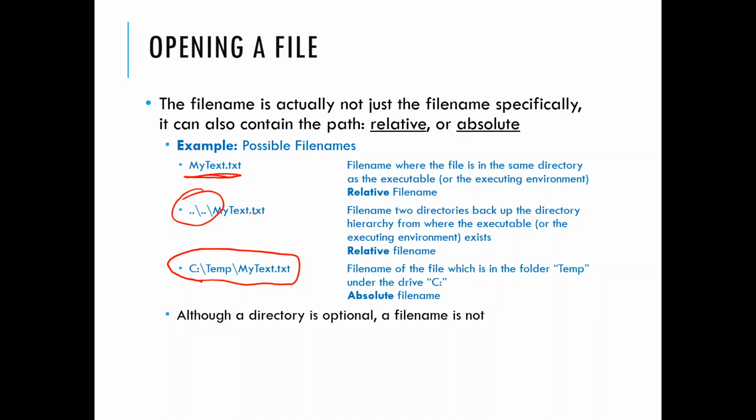For the most part, we're not going to be dealing with either of those. I'm going to put my text.txt smack dab in where all my other code is, but I might need dots to go up and down certain directories. So a relative file path is based off of where the code is being executed, how do I find the text, versus an absolute path, where the text file is at this location, irrespective of where I'm starting from.